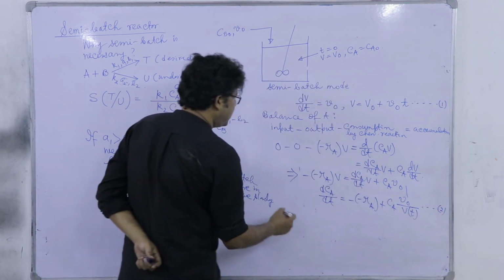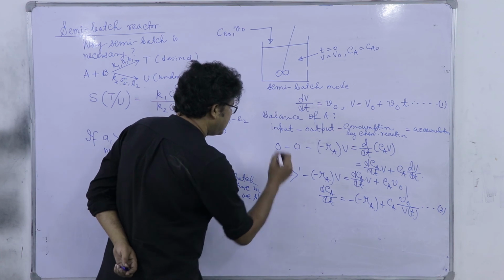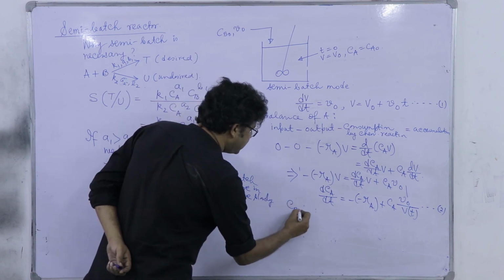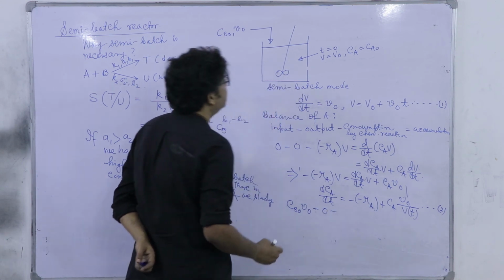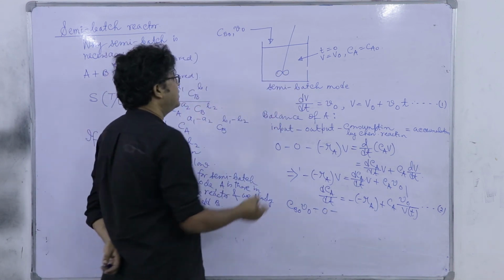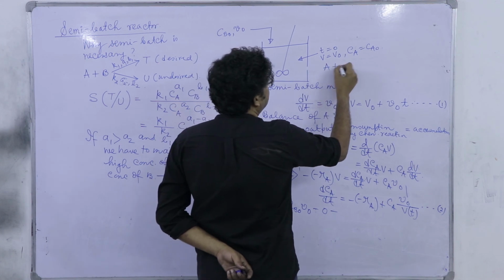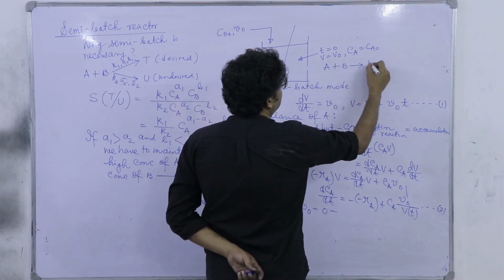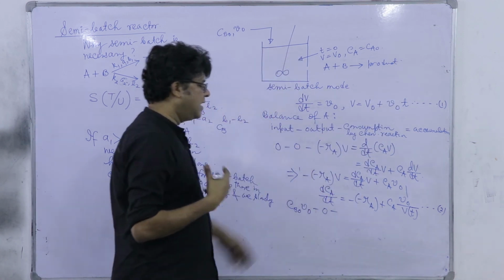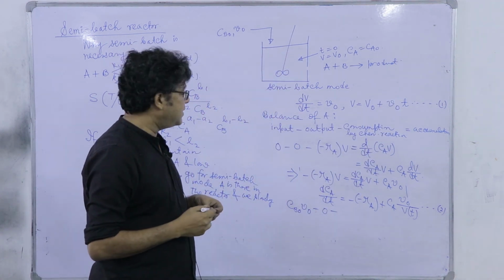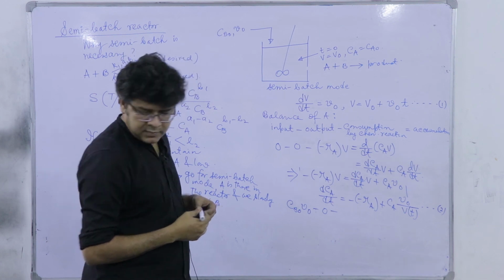So, for B, if we write the balance, inflow is Cb naught into V naught, outflow is 0, disappearance, say the reaction is A plus B giving product, and the consistency of the relation between minus Ra and minus Rb depends on the stoichiometry. Okay.